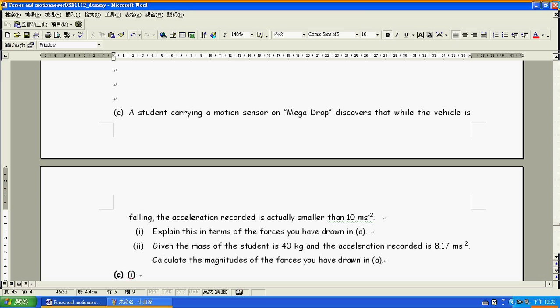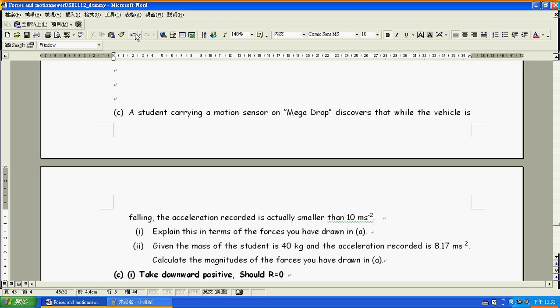So should R equal 0, take down with positive.